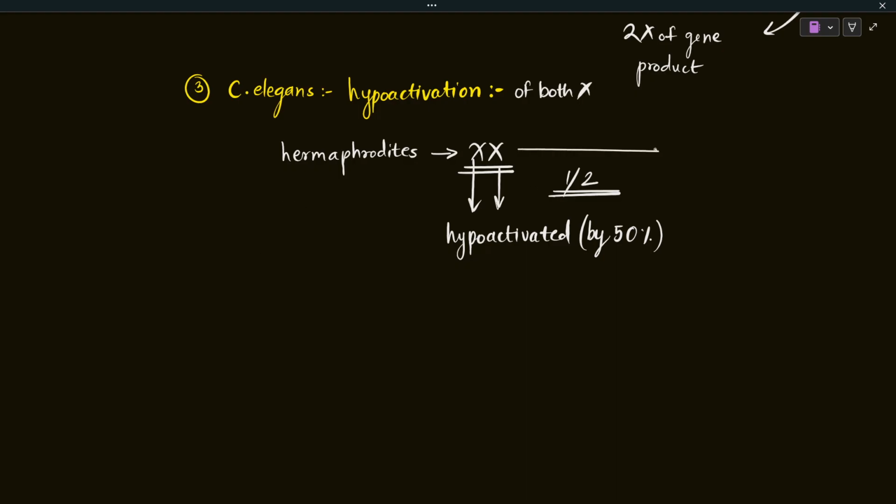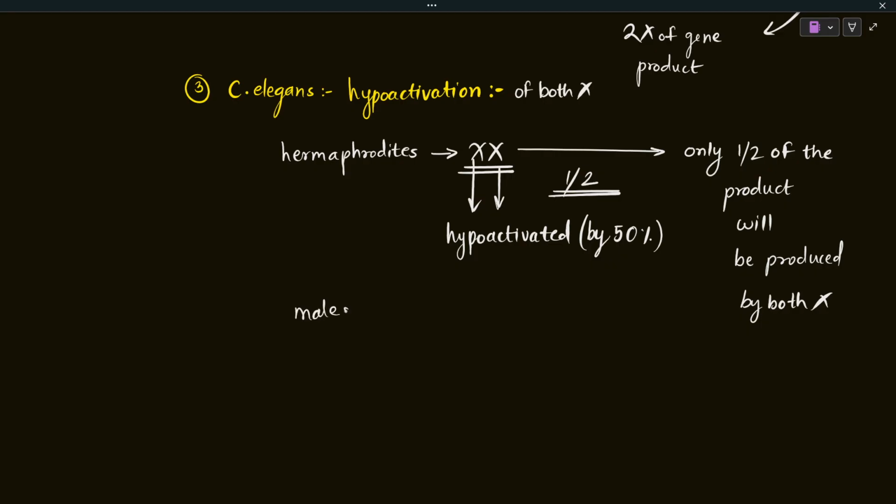So now only half of the product will be produced by each X chromosome. This equals the males who have a single X chromosome.